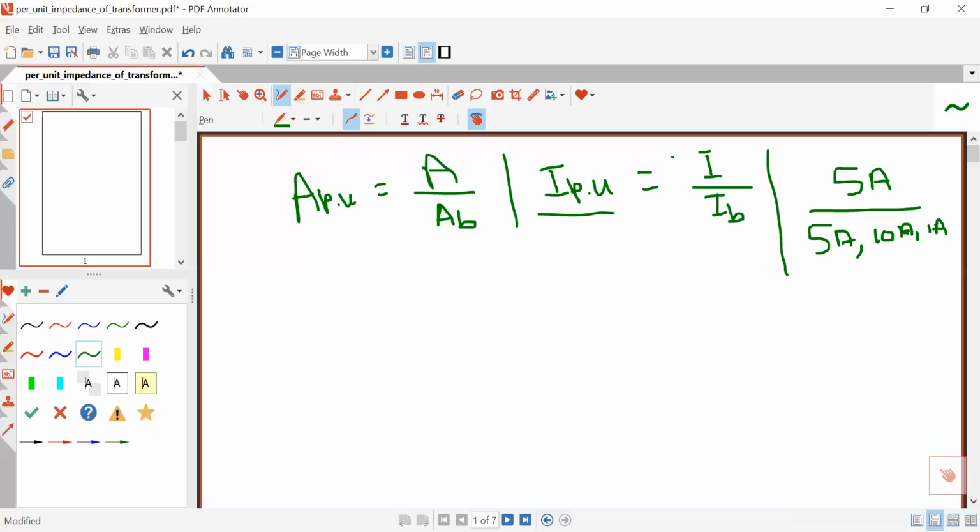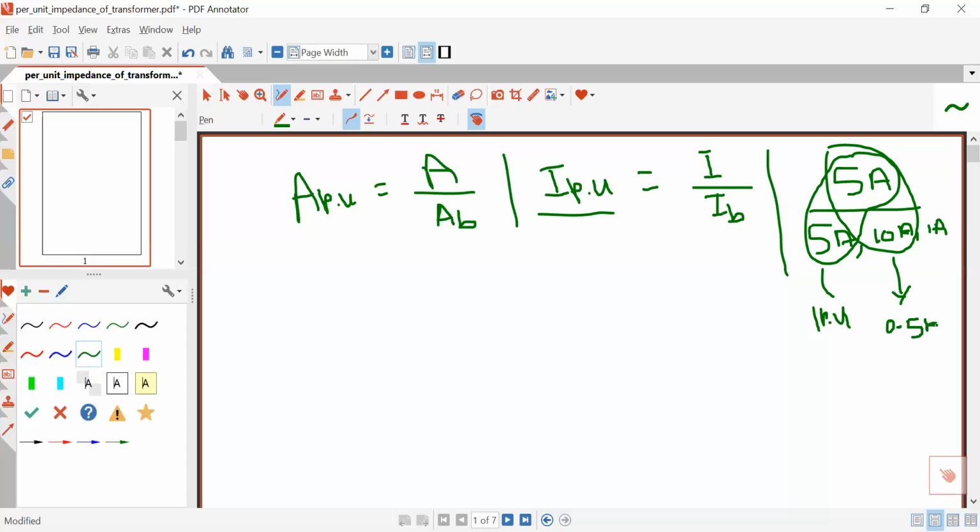So if you consider 5 ampere as the base value, then in the per unit system this current will be 1 per unit. And if you consider 10 ampere as the base value, then in the per unit system the answer will be 0.5 per unit.